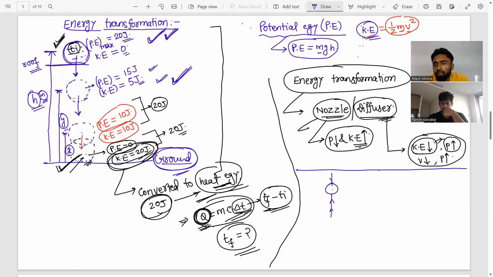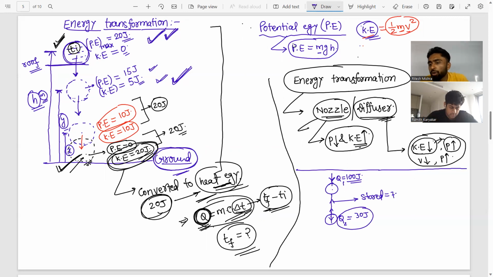Assume we are taking heat from food, 100 joule, and some heat will go waste. Let us assume this heat is 30 joule. Then 70 joule is stored in our body.